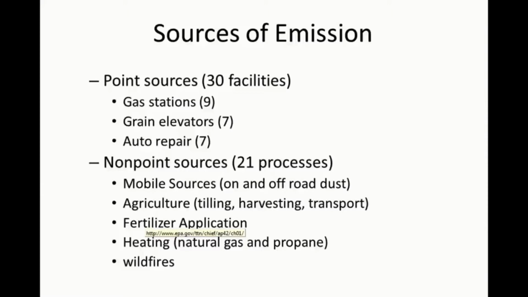The non-point sources include agricultural-related emissions, processes for tilling, harvesting, and transporting. We looked at heating from both natural gas and propane, on and off-road dust emissions, wildfires, and like asphalt paving.